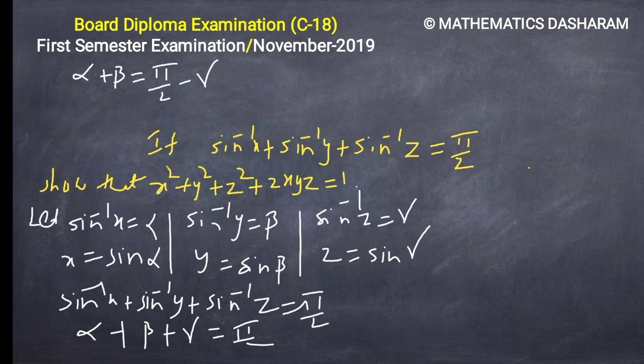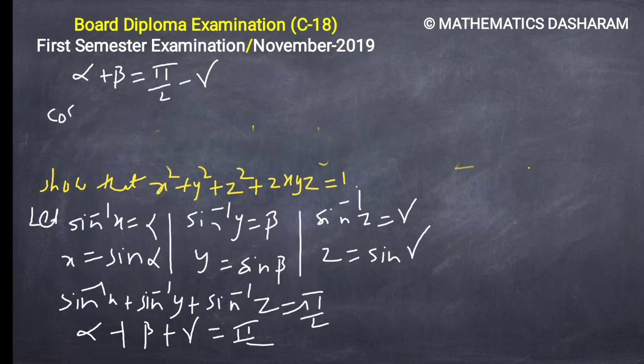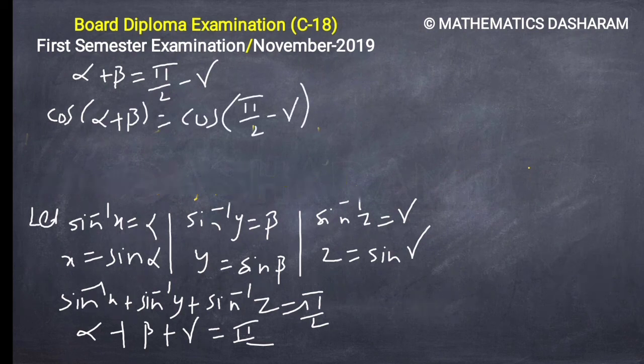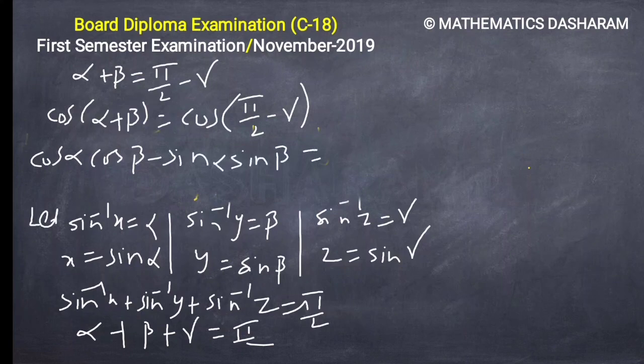Now apply the cos ratio on both sides to get the answer easily. So cos of alpha plus beta equals cos of pi by 2 minus gamma. Here the cos alpha plus beta formula is cos alpha cos beta minus sin alpha sin beta, and cos of 90 minus theta, because pi by 2 means 90 degrees, equals sin gamma.